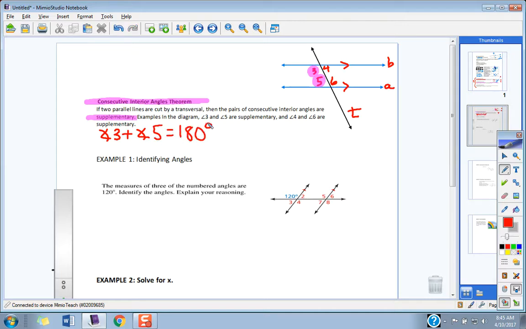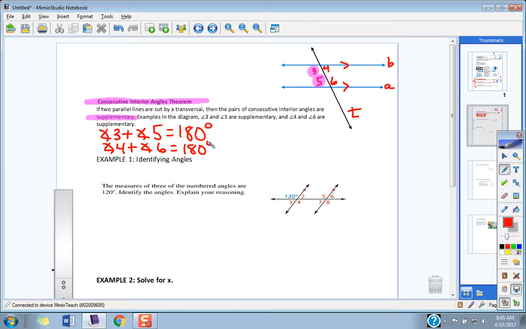Therefore, what's true about the sum of angle 4 and angle 6? Again, those are consecutive interior angles. They must be supplementary, or sum to 180 degrees.